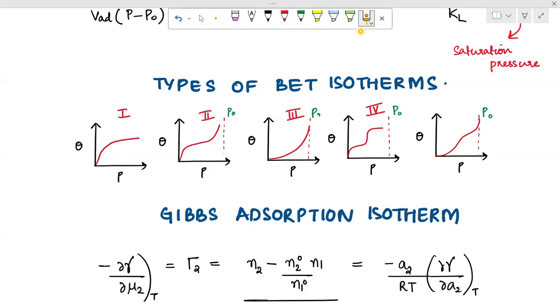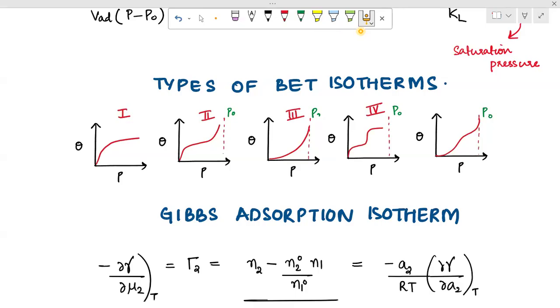While in 3, there is no monolayer formation, it is directly forming multilayer. In 4, it forms a monolayer and then it forms another layer which is again reaching saturation. Saturation in the sense, the coverage is not changing, but it is not reaching the liquefying pressure as well.